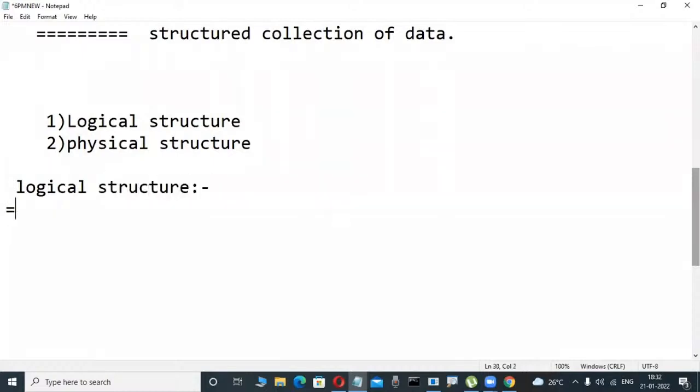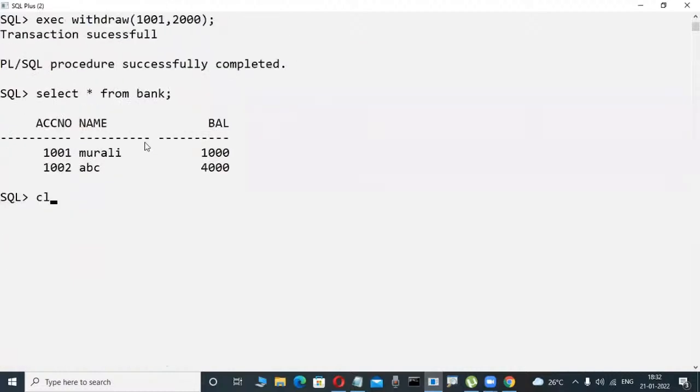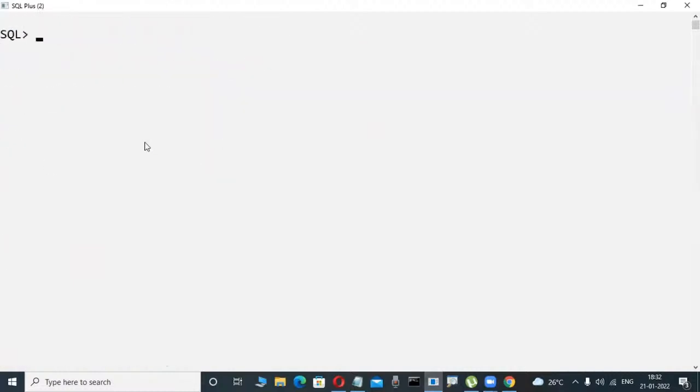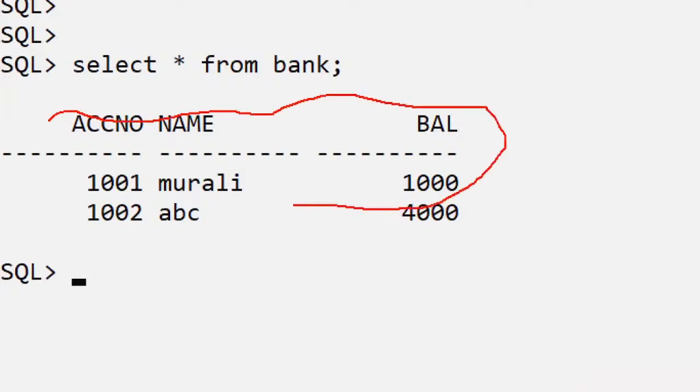Now observe it here. Suppose today I am installing Oracle, for example. Okay, fine. In this Oracle software, I try to create a table. Maybe bank is a table, as in the previous case. How I am creating this table means some syntaxes are there, don't worry.